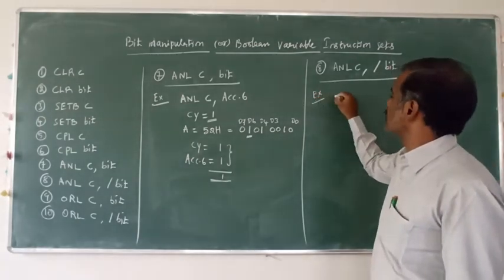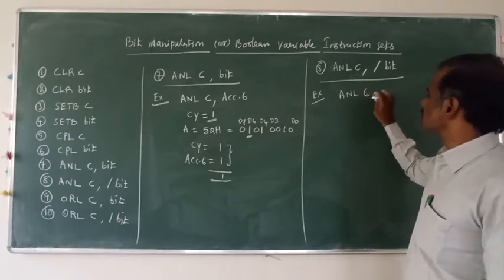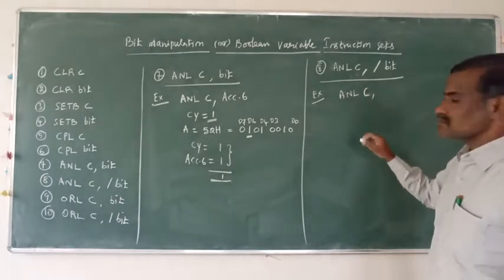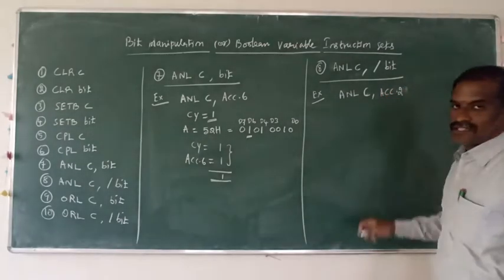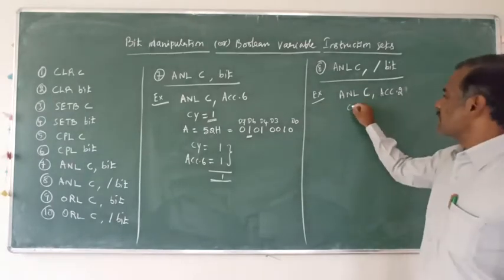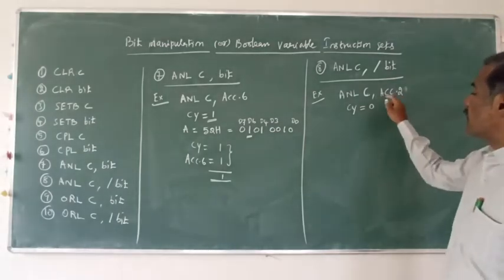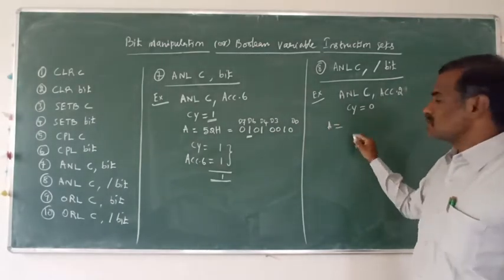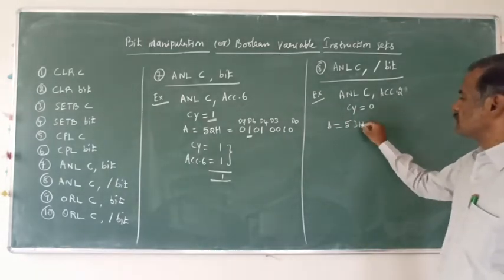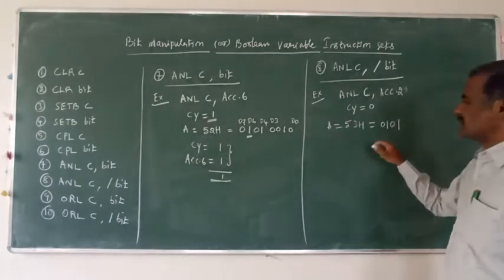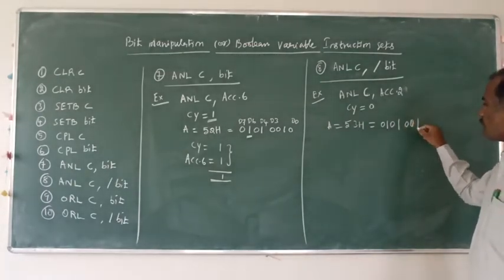Example, ANL C comma slash ACC.2. Here the carry equal to 0. To set carry equal to 0 and accumulator A equal to 53H. 53 means 0101 and 0011.